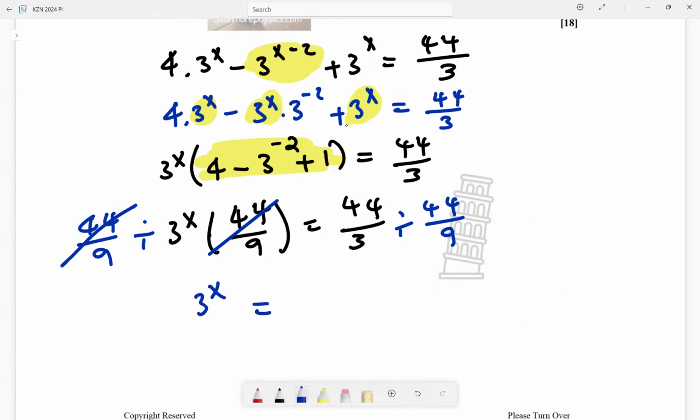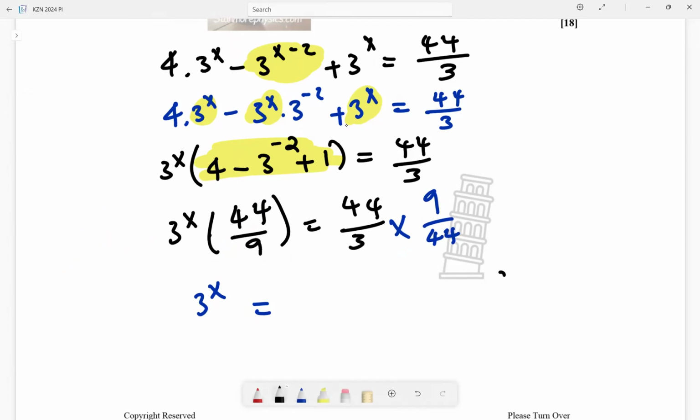You can take this to a calculator. Remember, when you want to change this to a multiplication, you multiply by the reciprocal, 9 divided by 44. If you want to remove a divided by b, you multiply by b divided by a, so that this and this cancel.